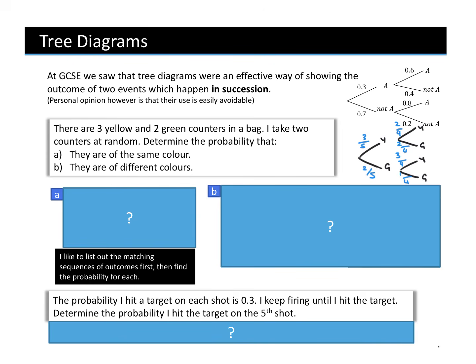So the same colour means we're going to have the probability of yellow, yellow, or the probability of green, green. Okay? So we're going to have 3 over 5 multiplied by 2 over 4 plus 2 over 5 multiplied by 1 over 4, which is 8 over 20.